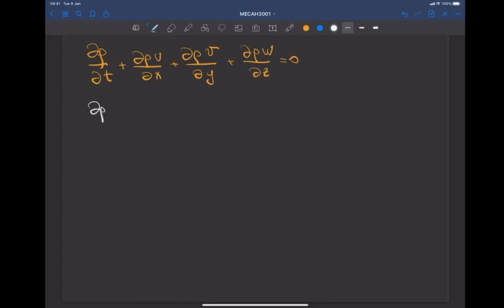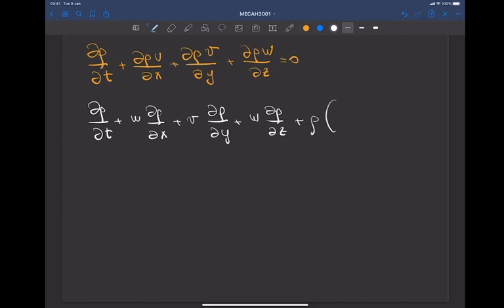And so I get d rho over dt plus u d rho over dx plus v d rho over dy plus w d rho over dz. And then I do the terms with rho, so I have rho times du over dx plus dv over dy plus dw over dz equal 0.